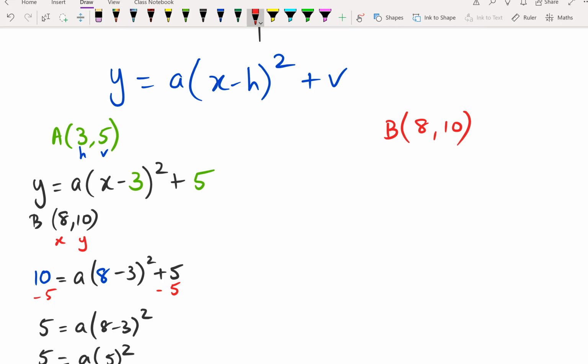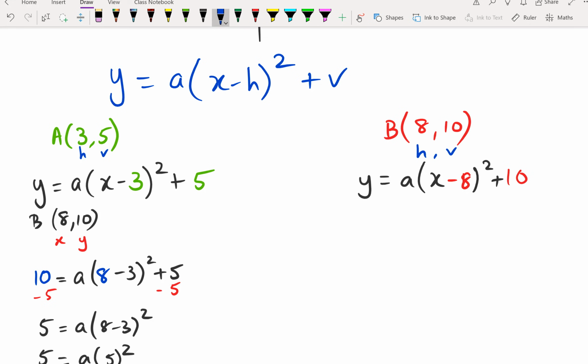Now my vertex has changed, so I can rewrite this as y is equal to A(x - 8)^2 + 10. Do you notice how the vertex has changed? That means in the equation those two values change as well, because 8 and 10 are now the h and k.